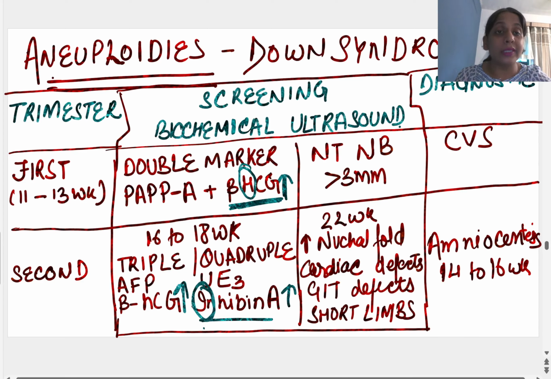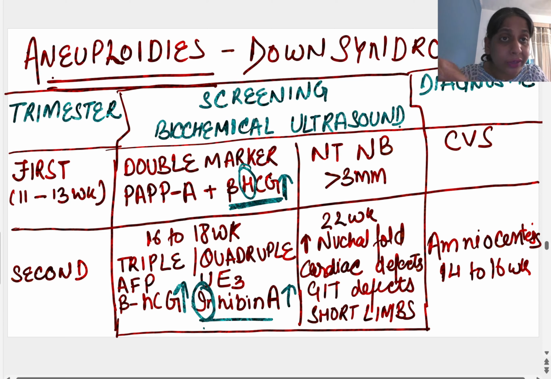Now, what is the test which we do in the first trimester? Chorionic villus sampling, again it is done at 11 to 13 weeks. It is best to do at that time. And amniocentesis is the test which you do in the second trimester to confirm. They are the diagnostic tests, they confirm.